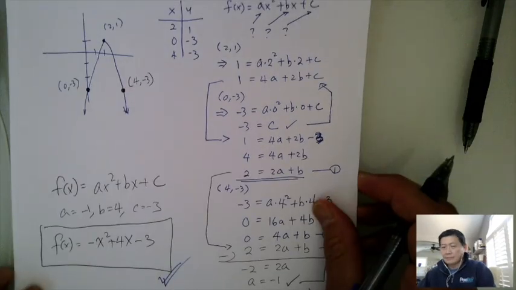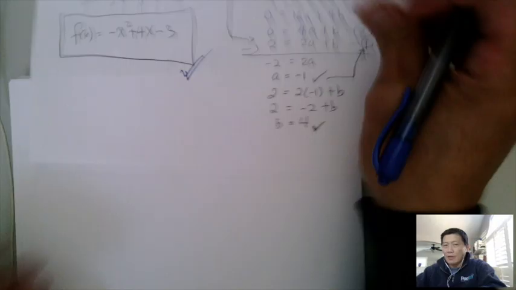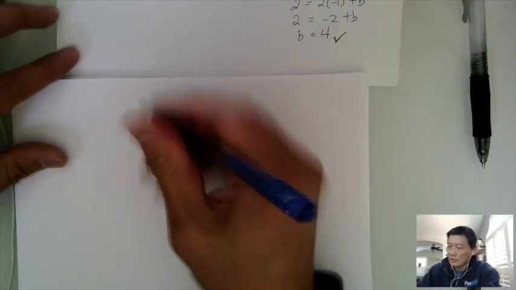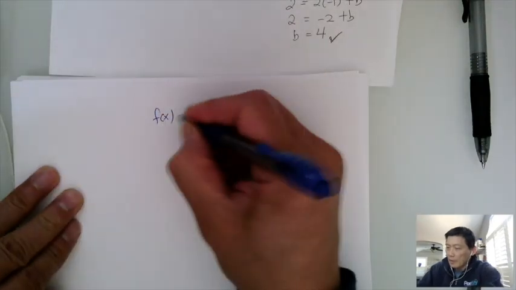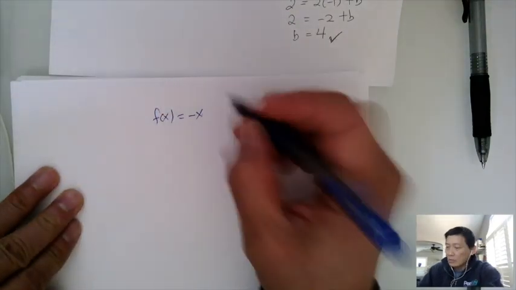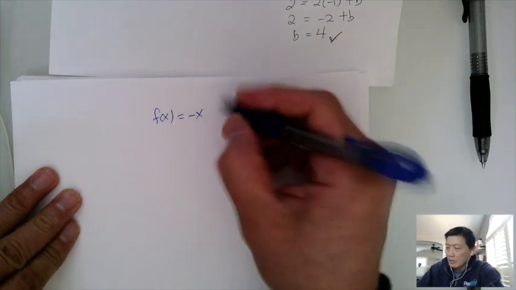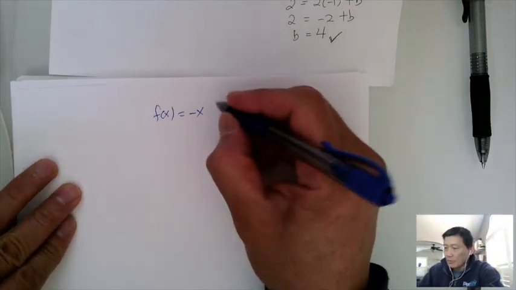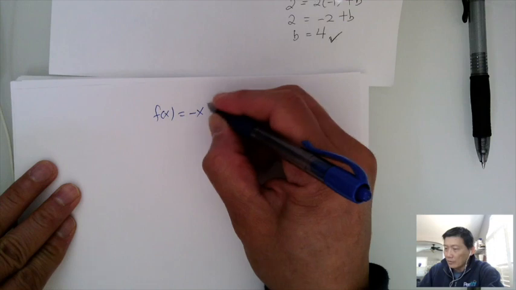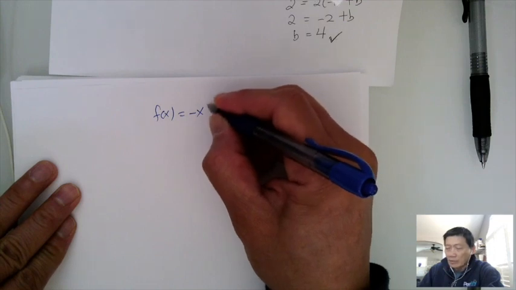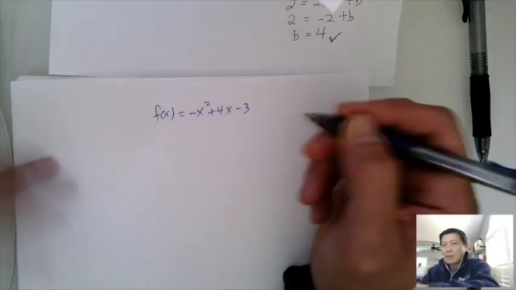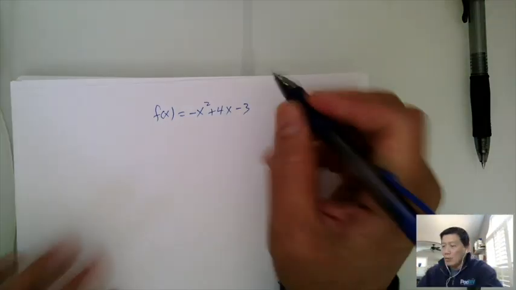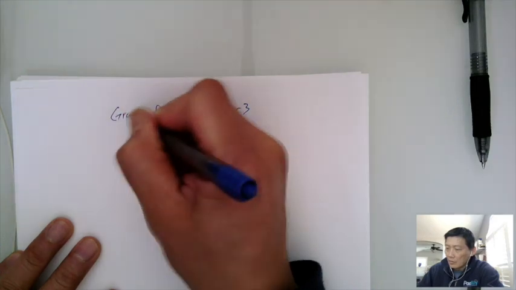Okay? Now, let me keep this same function right here. What if I start out with a problem, instead of the graph or the coordinates or the information about the graph, but rather the equation first? I have f of x equal to negative x squared plus 4x minus 3, and the question says, graph this.